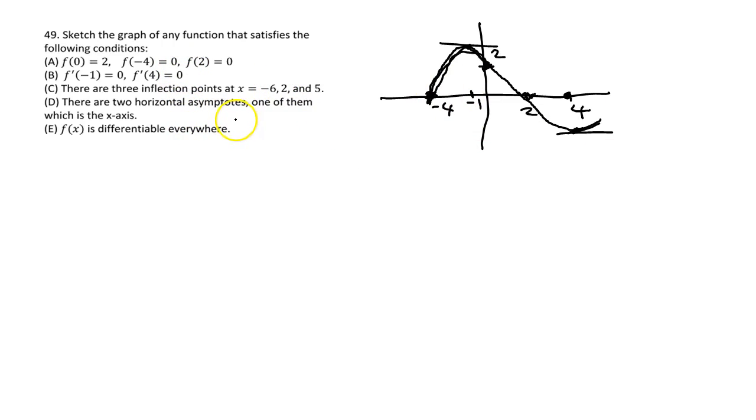Now there are 3 inflection points, negative 6, 2, and 5. Here it's already kind of nice. We already have an inflection point. This is concave down, concave up. So 2 is an inflection point. That's good. And at 5, there should be an inflection point. So I guess it's like that, and then going like that.